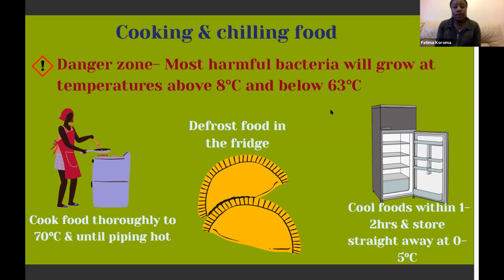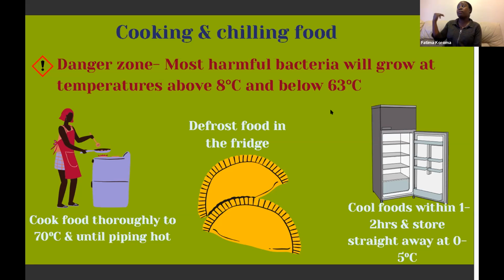The other thing we do in the community most of the time is defrost food outside, not in the fridge. If we defrost food at room temperature, left on the counter, it can reach the danger zone, and then the bacteria will begin to grow, especially in Africa where the place is hot. In the UK, the place is not as hot, so sometimes the temperature may not reach that level, but it is still possible.